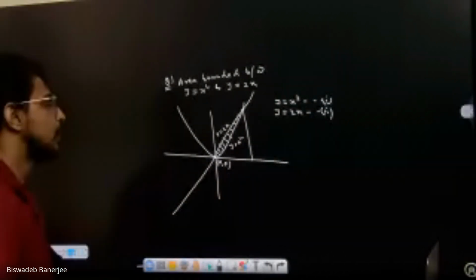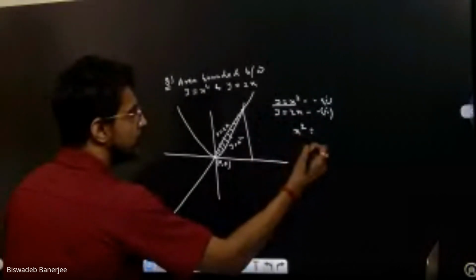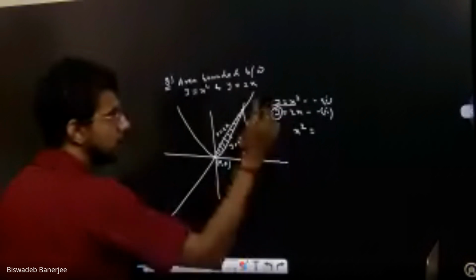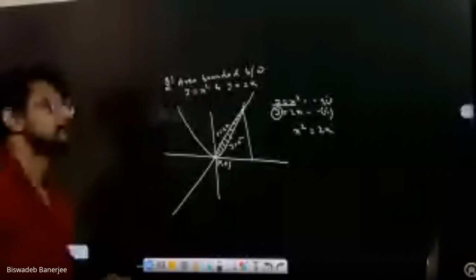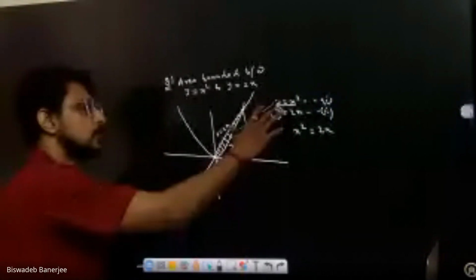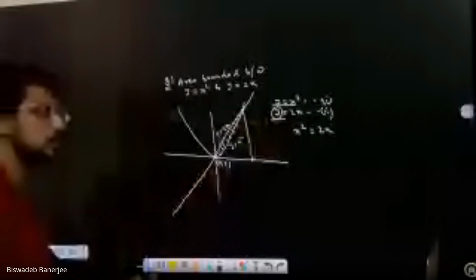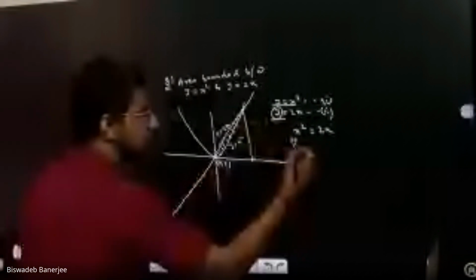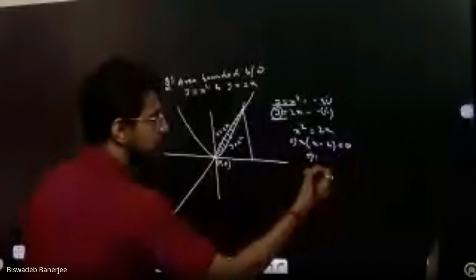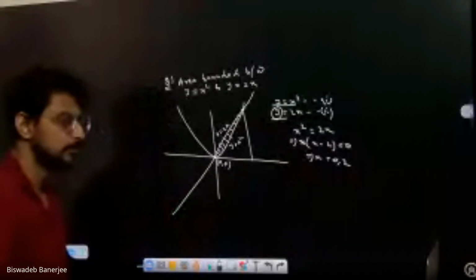How to solve these two equations? Here y equal to x square, so put y equal to x square in the second: x square equal to 2x. Now, if we take x common, this will be x into x minus 2. That means my solution of x is 0 and 2. So x can be either 0 or 2.